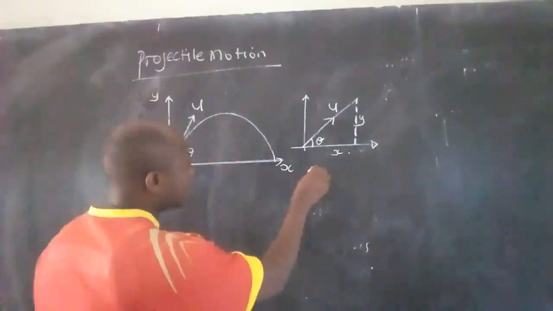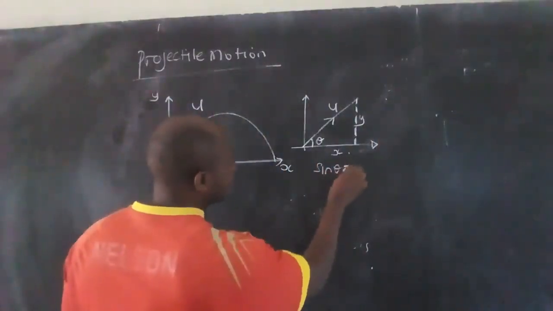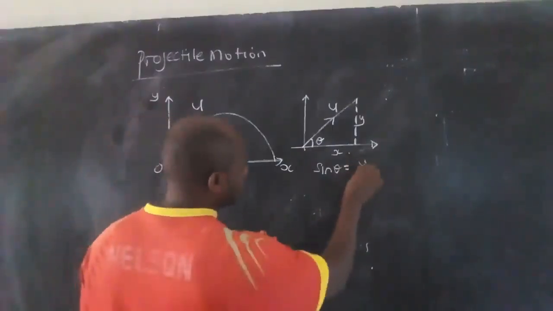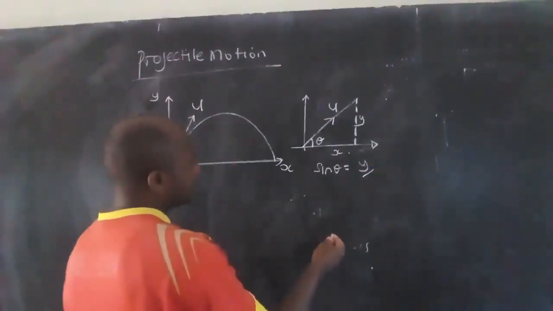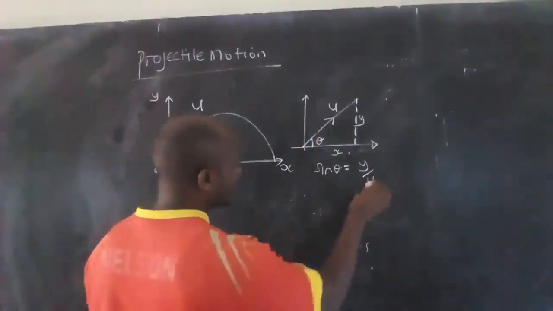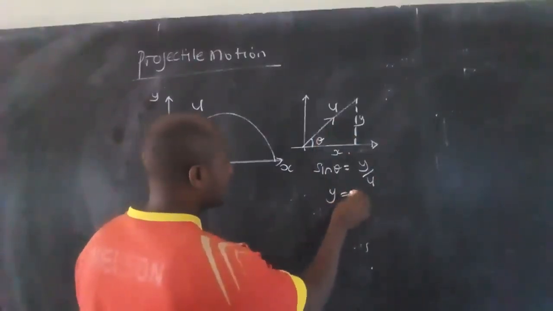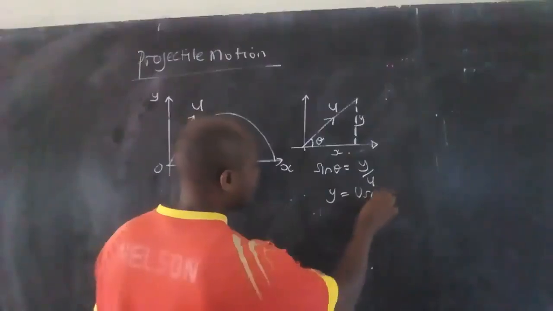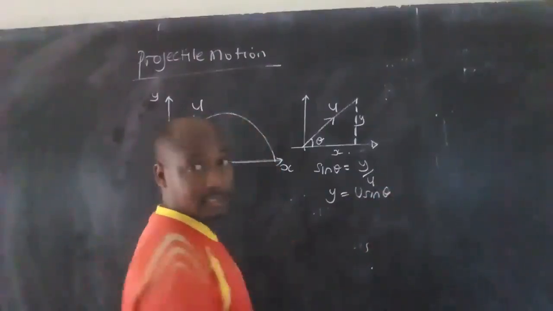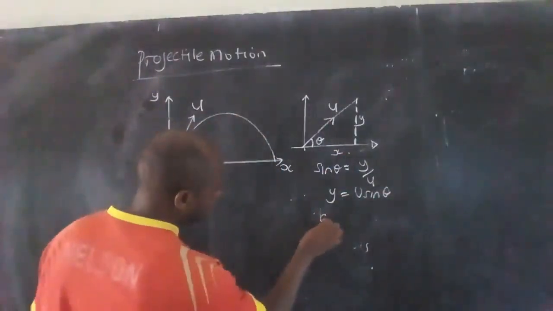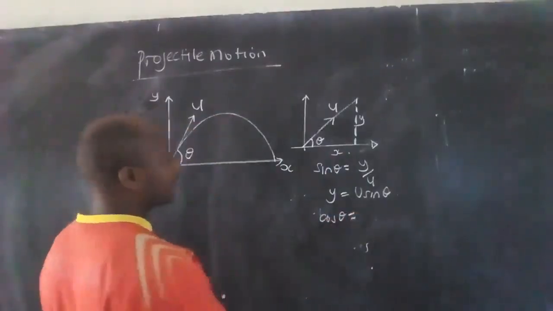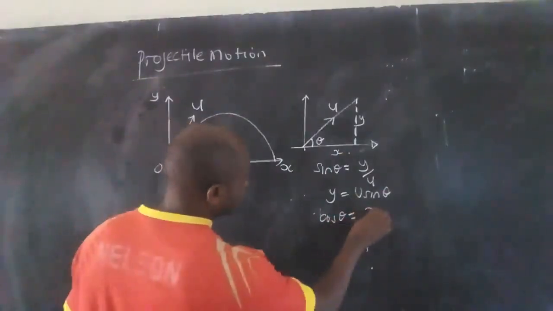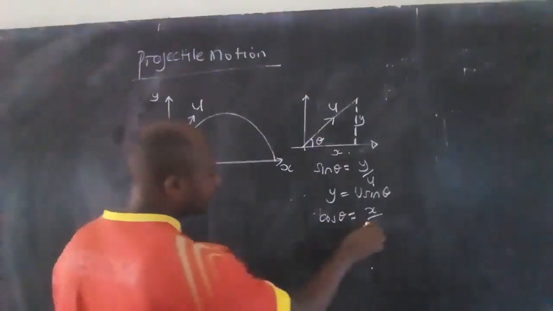So if I say sin theta is opposite over hypotenuse, which is u, meaning that y will become u sine theta. This is the vertical component. Then the cos theta will become x, adjacent divided by hypotenuse.